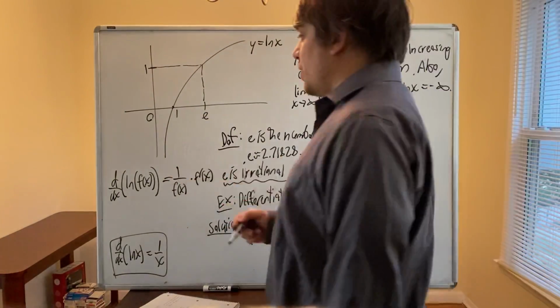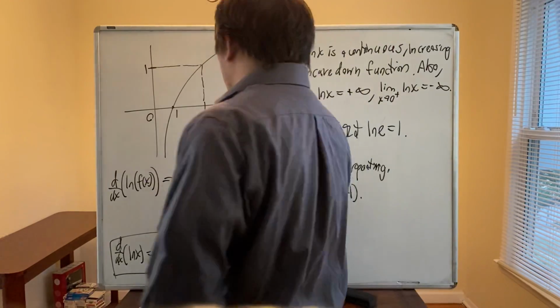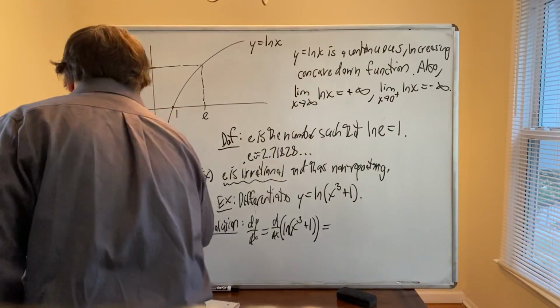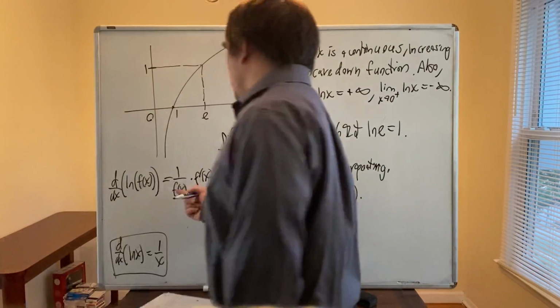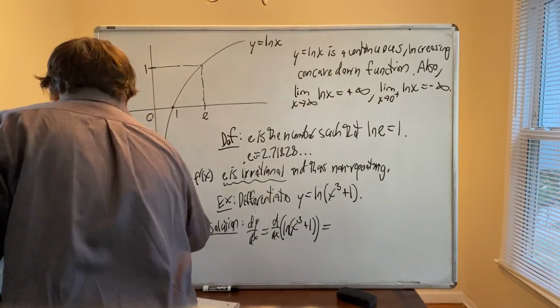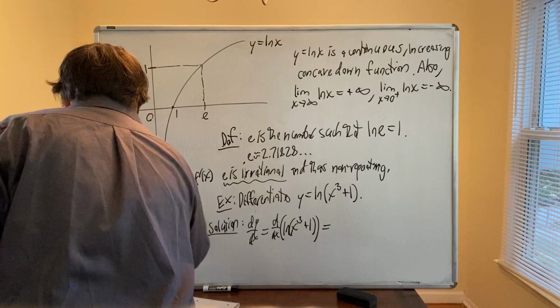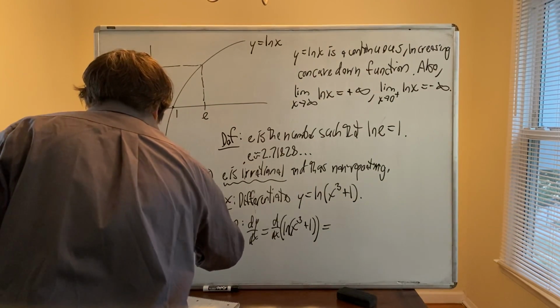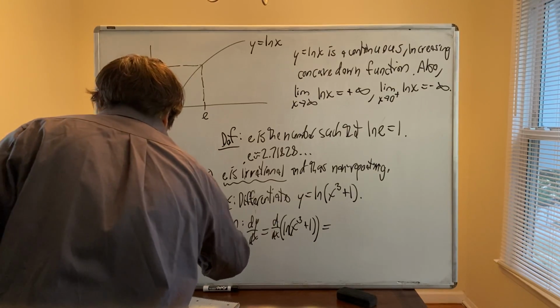So d/dx of ln of f of x is equal to 1 over f of x times f prime of x. I like this way because it shows you the process of how you get that. But you can write this a little bit more succinctly by saying d/dx of ln of f of x is equal to f prime of x over f of x.